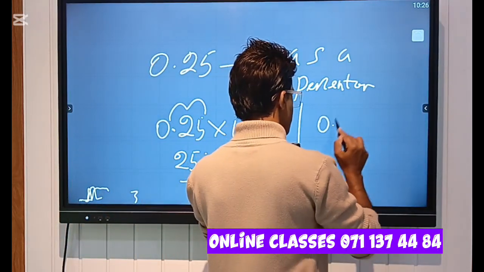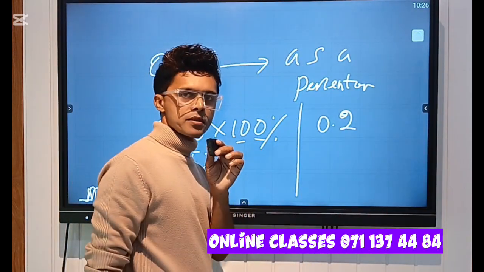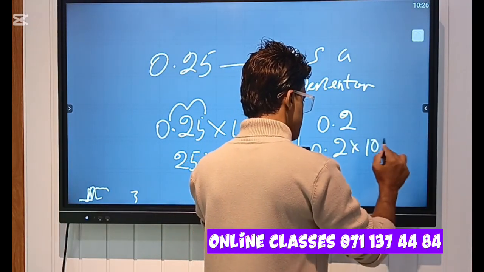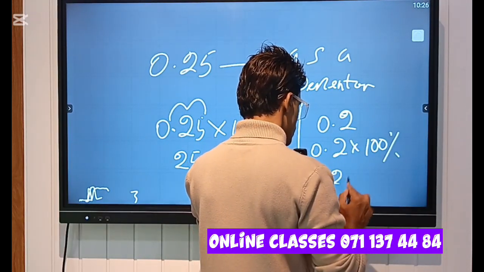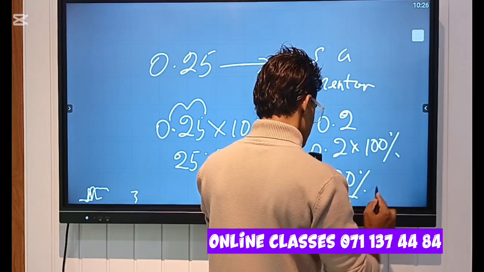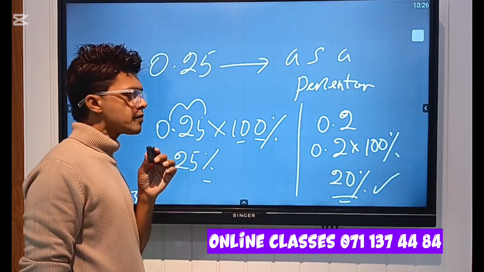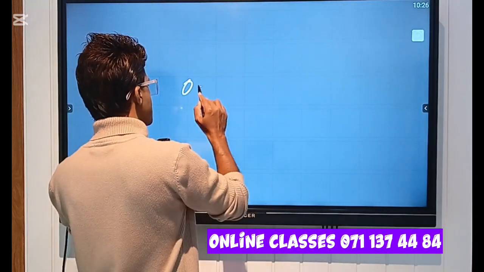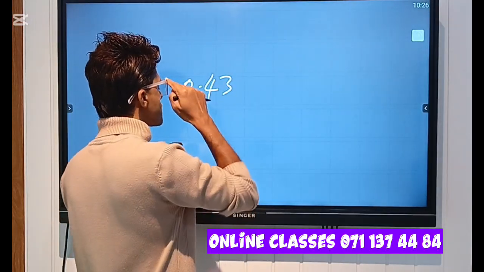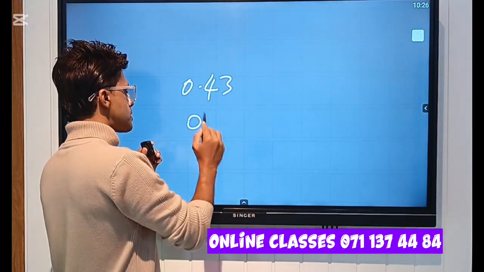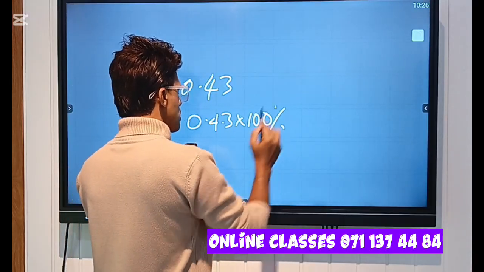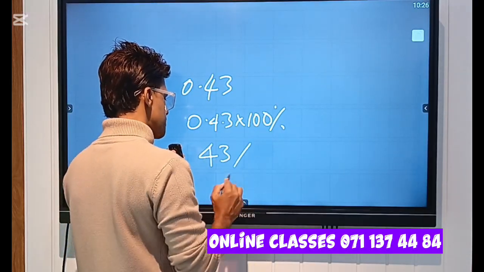How do you write 0.2 as a percentage? 0.2 is also multiplied by 100%, so the answer is 20%. How about 0.43 as a percentage? Multiply by 100%, so the answer is 43%.